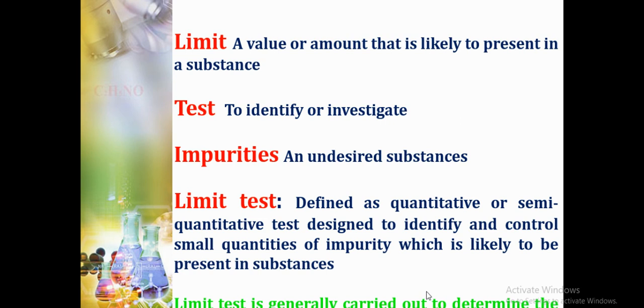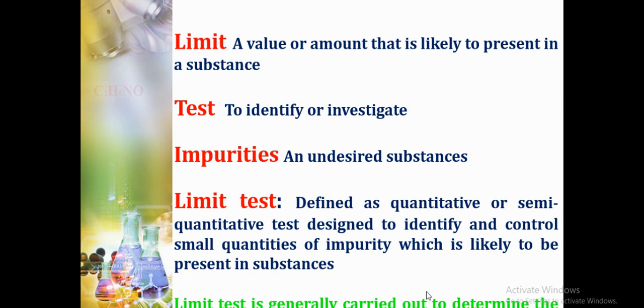So whenever we talk about inorganic impurity, we must perform the limit test in order to quantify, in order to get an idea how much inorganic impurity and what inorganic impurities are present in the API.